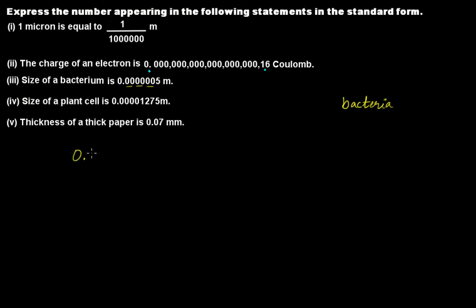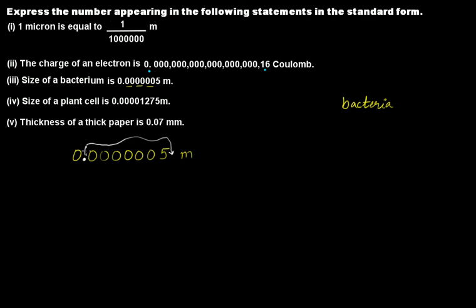So 0.1 2 3 4 5 and 6 and 5 meter. Now in order to write this number in the standard form, this decimal point has to come after 5. That is the first non-zero digit. In this case, this is the 5, and it's the last digit in this number.